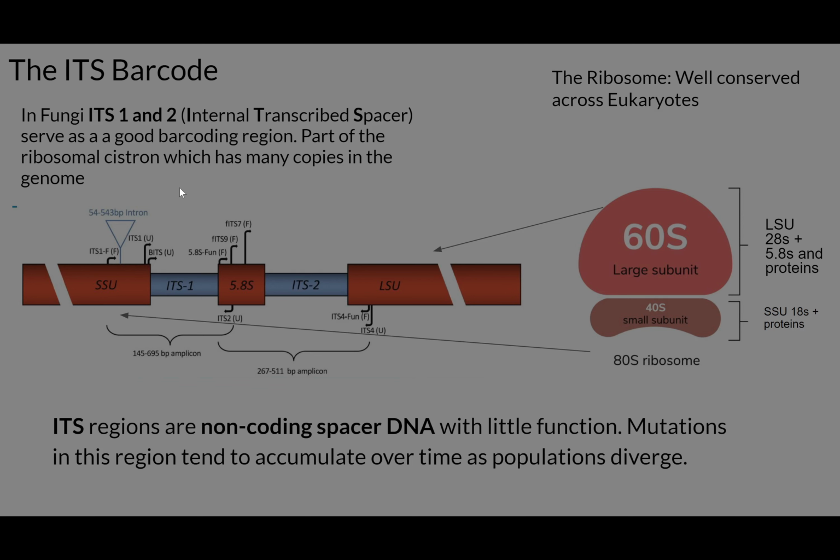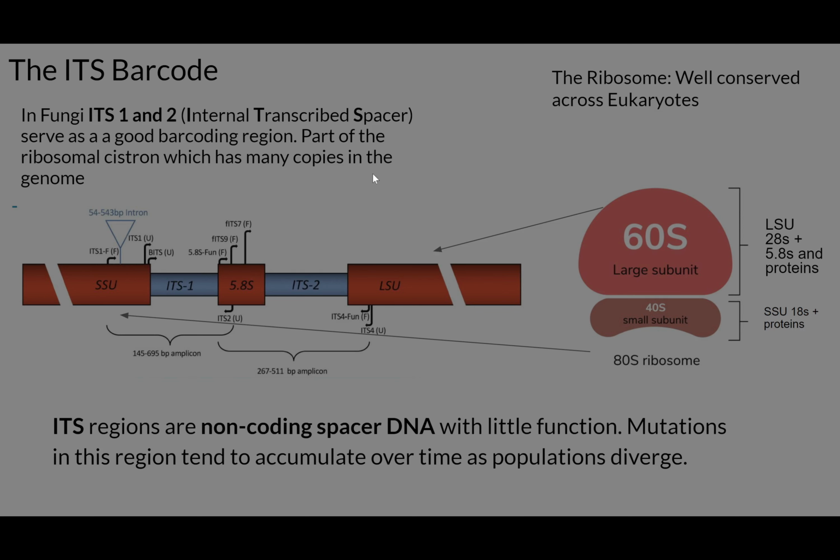When we sequence the ITS region, we're going all the way from the small subunit to the large subunit, including the space in between them, which also has the 5.8S. If you recall, these are components of the ribosome. So the small subunit is also known as the 18S in eukaryotes. Then there's the 5.8S, and then there is the large subunit.